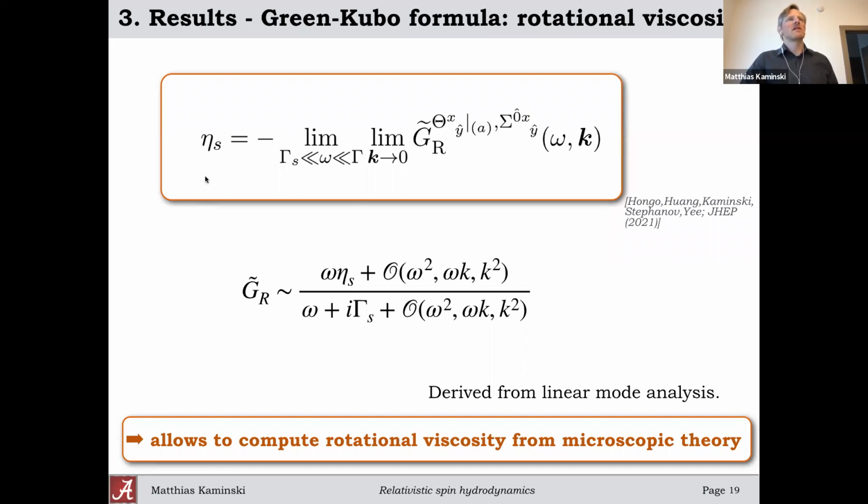But what I'm interested in is the question: are there any terms in which eta s does not contribute to the entropy current? There may be some interesting terms that describe non-dissipative transport connected with this new transport coefficient.